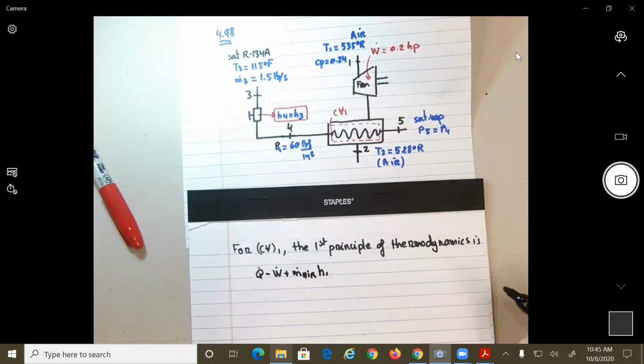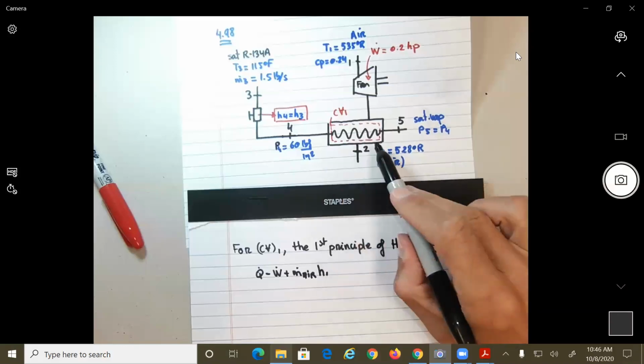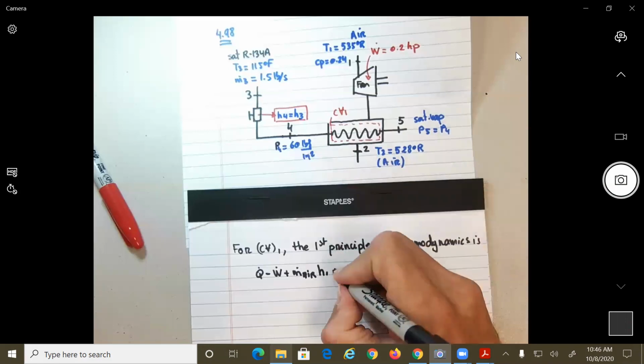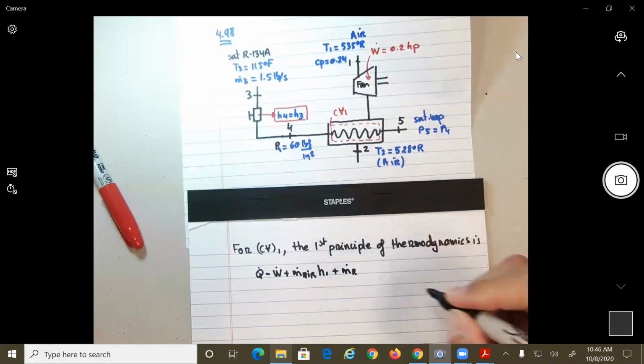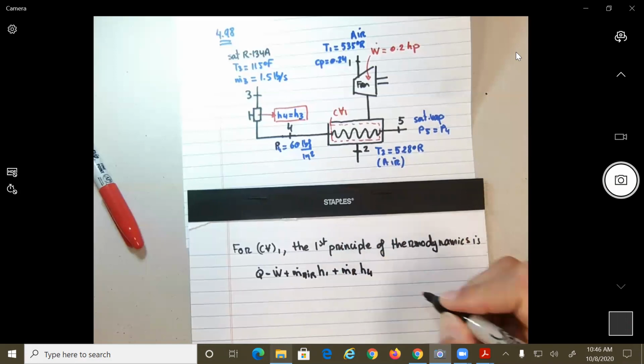The mass flow of air. Anything else coming inside this heat exchanger will be the refrigerant 134a at point 4, no? So plus m dot, let's say refrigerant, I'm just going to call it R for refrigerant, h4, so this is coming in.